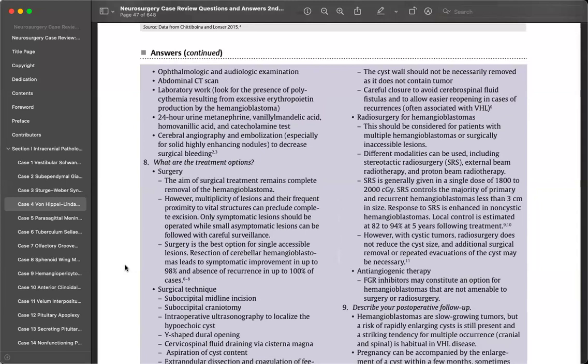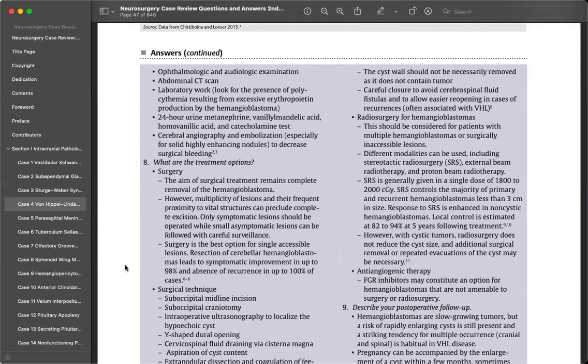Careful closure to avoid CSF fistulas and to allow easier reopening in cases of recurrence, especially in patients who have VHL. Then the next is radiosurgery for hemangioblastomas, which should be considered for patients with multiple hemangioblastomas or surgically inaccessible lesions.